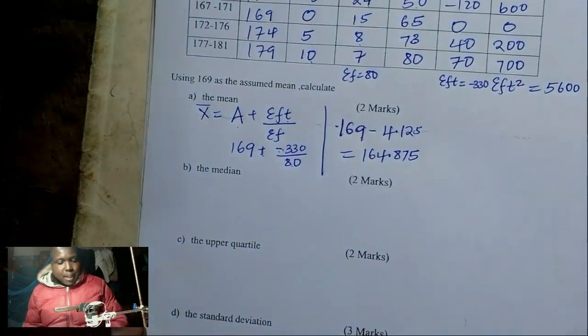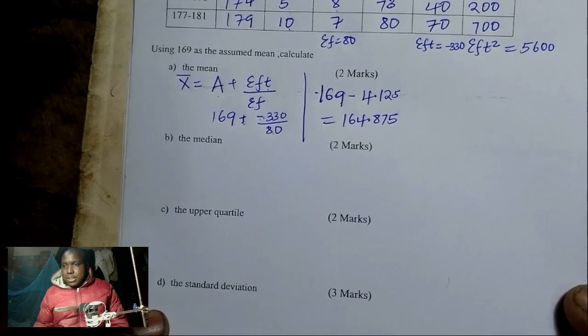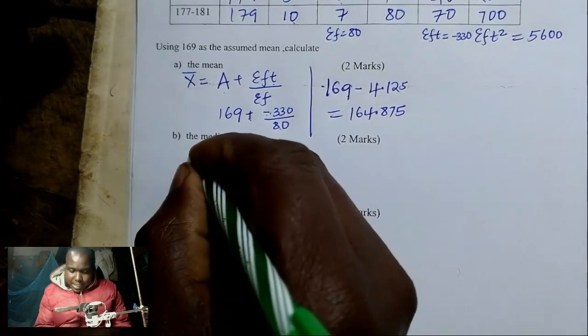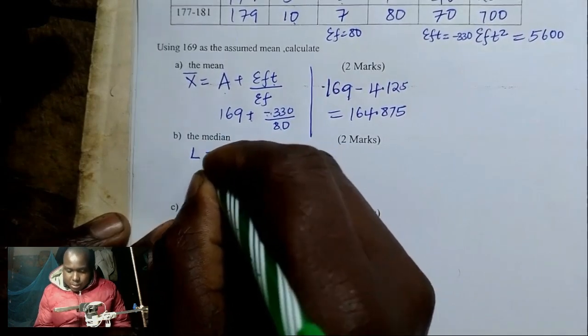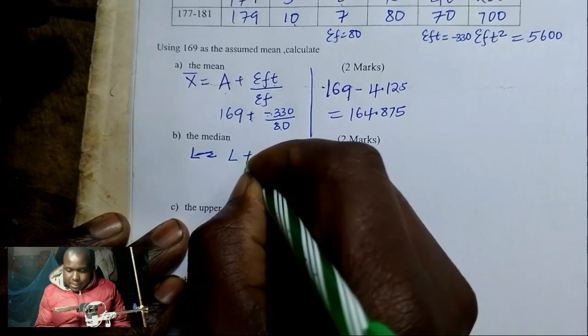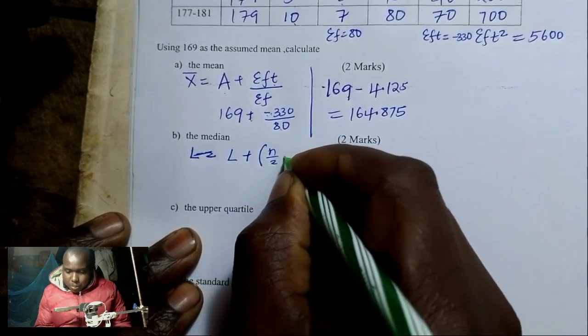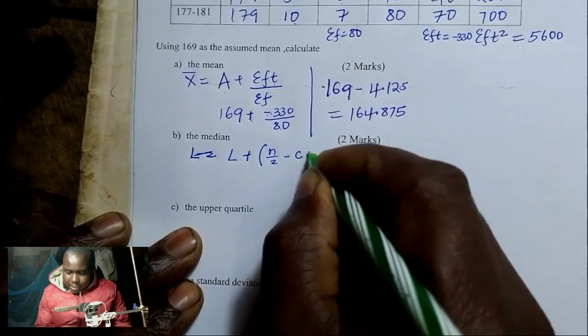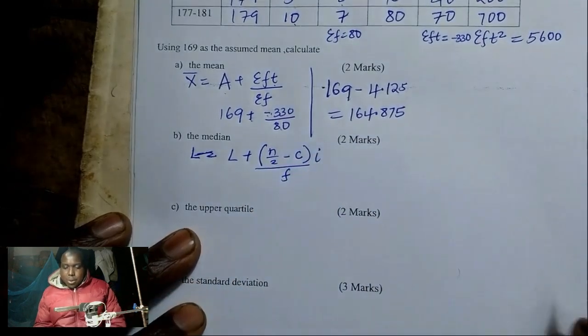Right? Very good. The median. How do you calculate the median? You know the formula. Median is equal to L plus, you open bracket, N over 2 minus C, you close the bracket, times I over F. What is L?